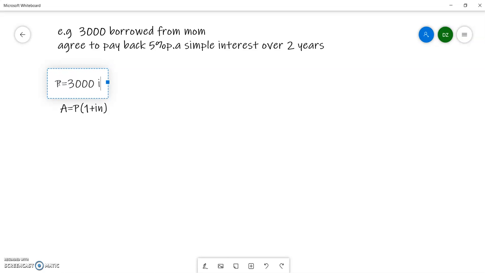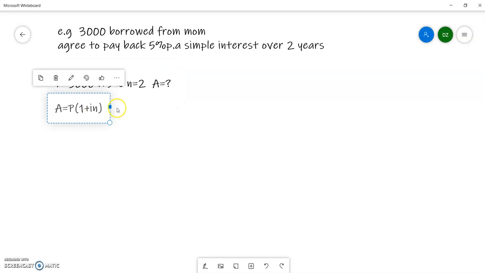I have an interest rate, so my i is 5% per annum. I have the number of years that I want to take to pay it back, so it's going to be 2 years. And I also have to identify which I don't have. I have P, I have i, I have n. So the only variable that I don't have is my A, my accumulated amount.